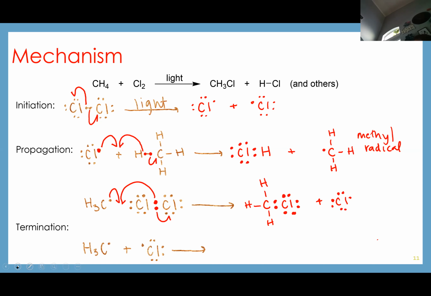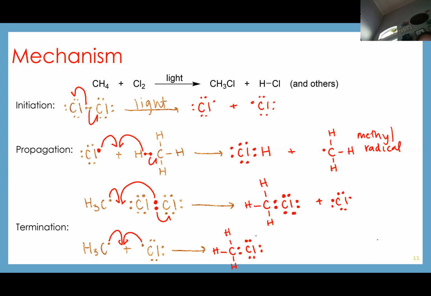So you could also have a methyl radical react with a chlorine radical to give us chloromethane.